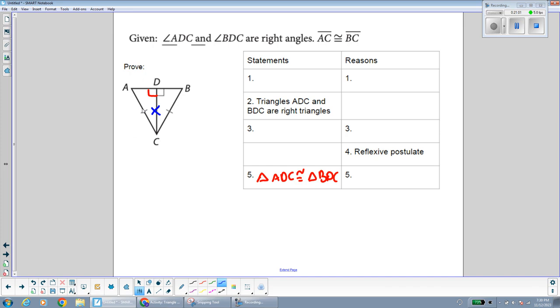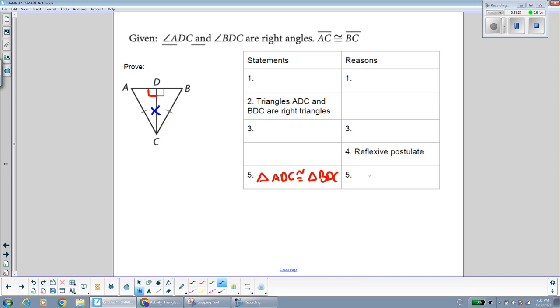So I remember that I do have right triangles here. And I do have a special method that only works for right triangles, HL. So maybe it'll work here. I do have right triangles. Let's check that I have the H. I do have congruent hypotenuses. And let's check that I have the L. I do have a pair of congruent legs. It doesn't matter if it's this leg or this leg. It doesn't matter as long as it's one pair, which we do have.